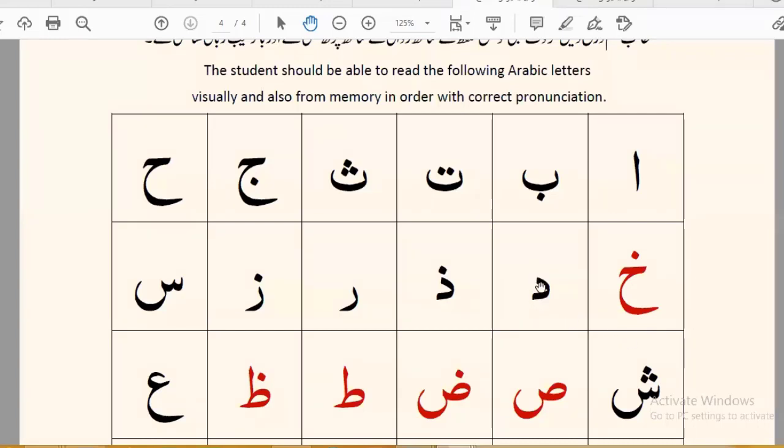Let's carry on. Now this is a letter highlighted in black, so this is a thin sounding letter. We're going to say this as dal. Dal, excellent. Dal. Ra. Ra.